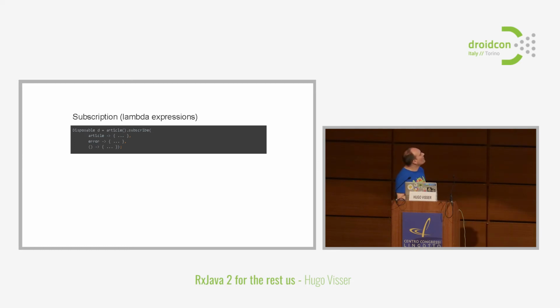And same for error and completion. For the rest of the presentation, I will be using this syntax because it's way more concise. But it's also how Android Studio would show you the notation when you are using inner classes, so it should be familiar.